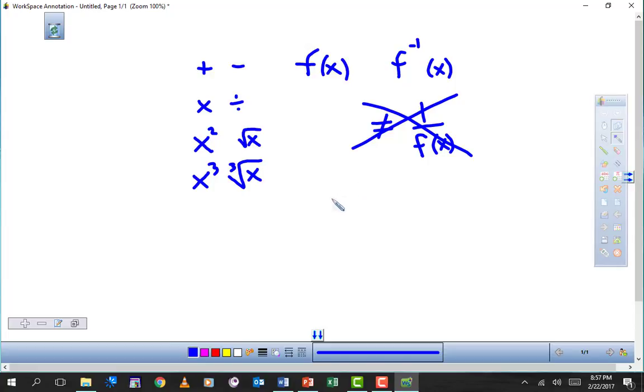We were learning about composite functions just in the previous section, section 3.3, where we put f inside of g of x. And a very interesting thing happens when you put an inverse function inside of a function, and likewise, if you put the function inside of its inverse. If you think about these inverse operations, they kind of cancel each other out.